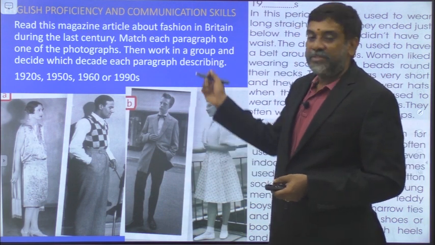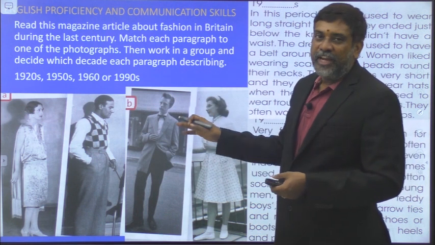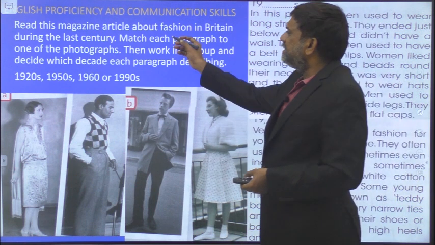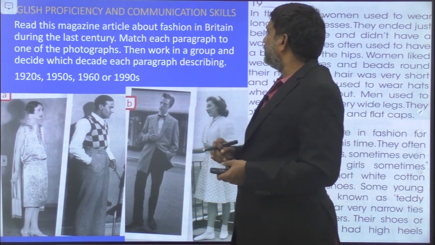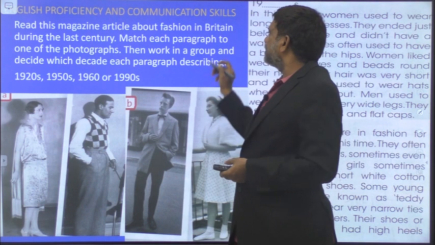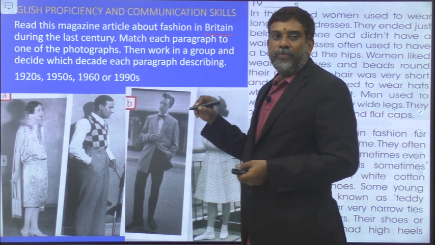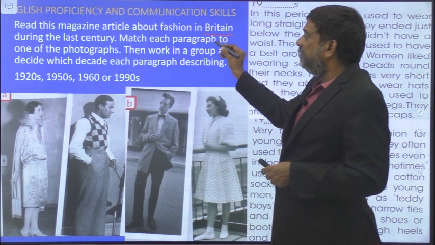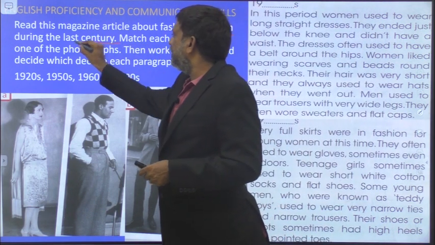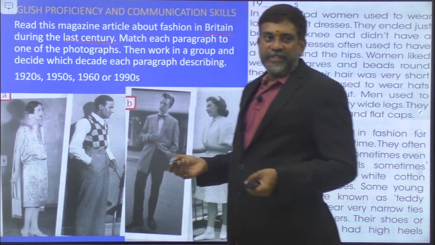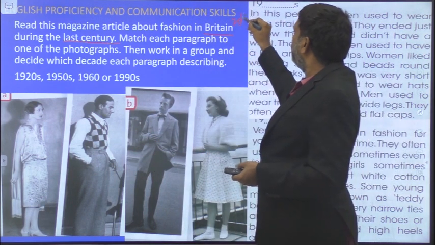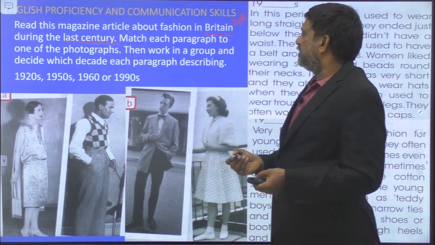But here, let us see what our exercise is related to fashions, especially clothing. Read this magazine article about fashion in Britain during the last century. So now we are going to look at the fashion in Britain in the last century. That means now we are in the 21st century, so we are looking at 20th century fashions in Britain.